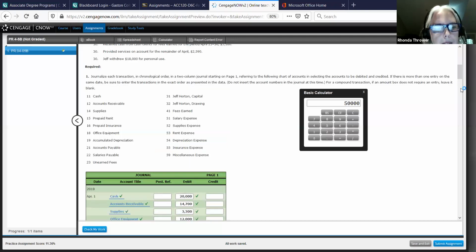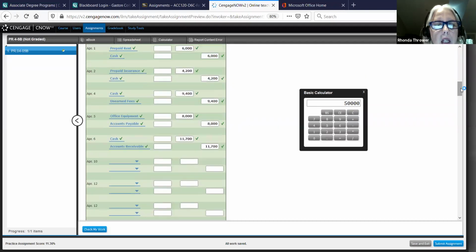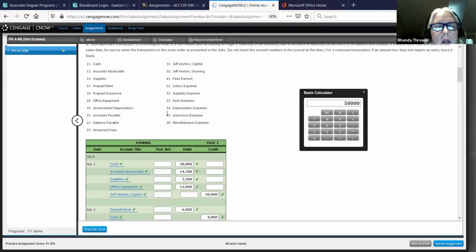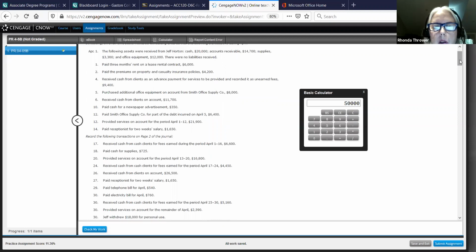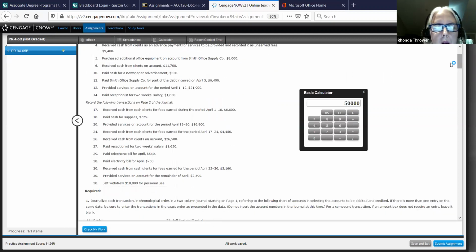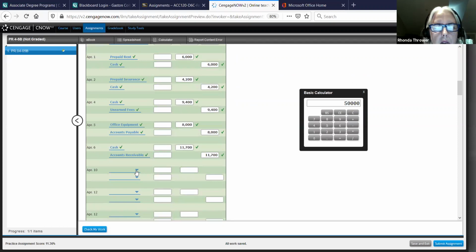So in the next transaction, April the 10th, we paid cash for a newspaper advertisement. So our advertising expense would be debited, and I don't see an advertising expense here.